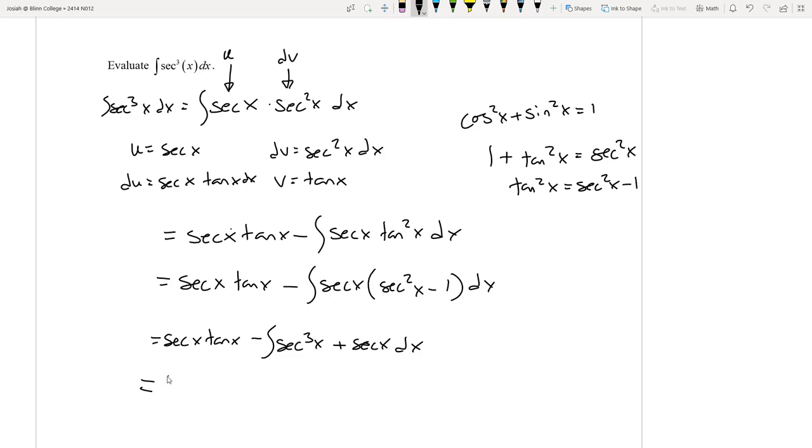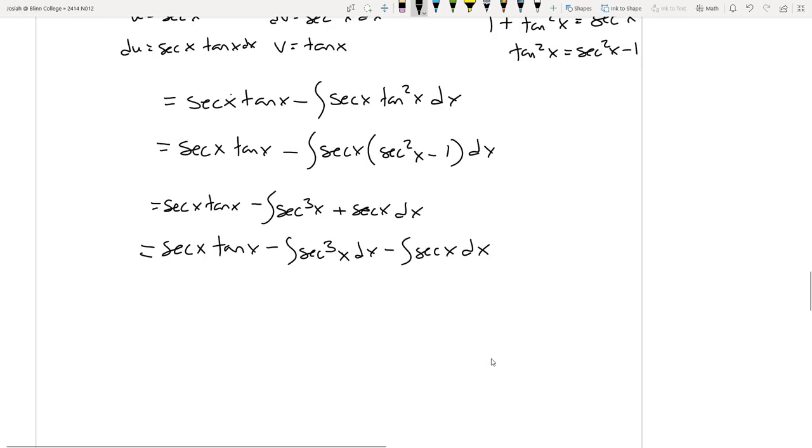This is subtraction, so we can split the integral over that. And we see we have a copy of our original integral. Our original integral was secant cubed of x dx. So we'll go ahead and add it to both sides. We get 2 times that integral.